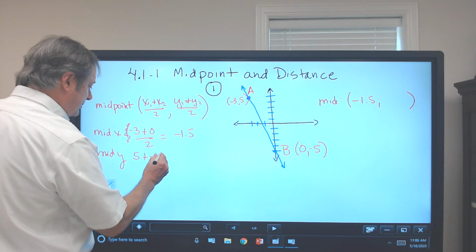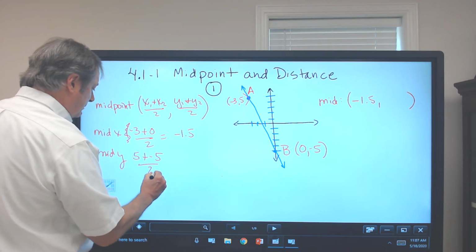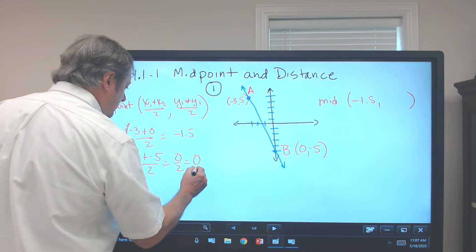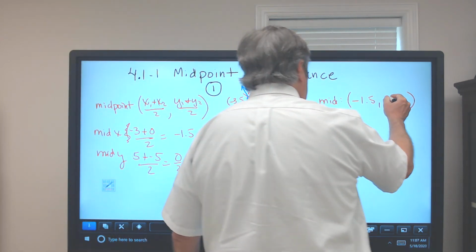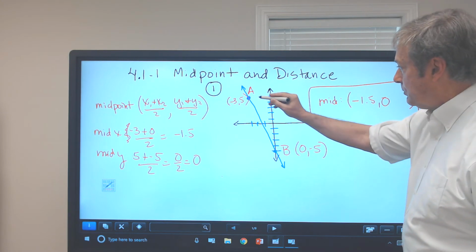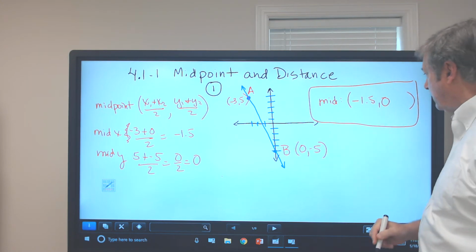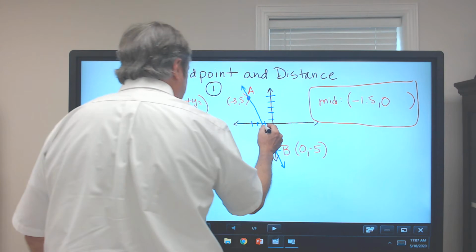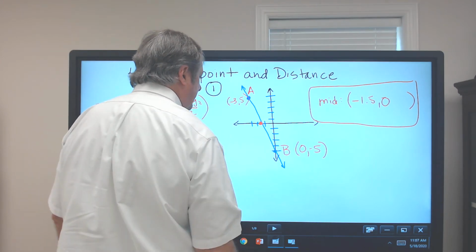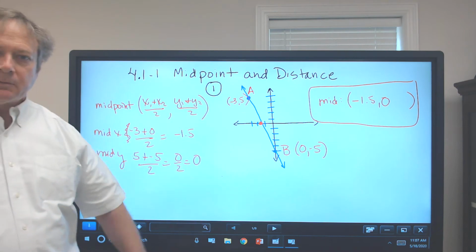I know you can do it in your head, but I want to see what you've done. So that's 0 over 2, which is 0. All right, so the halfway point between here and here is -1.5, 0, and so we can actually approximate it right about there. And sure enough, that looks like it makes sense, doesn't it?